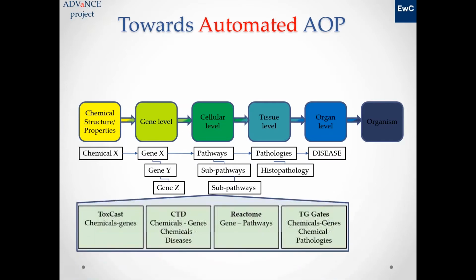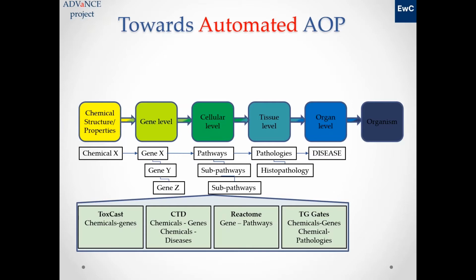The general idea behind this project was that we can use publicly available information from different data sources, namely ToxCast, the Comparative Toxicogenomics Database, Reactome, and TG-GATEs, in order to extract information and try to see what the relationships are between all these big sources of rich information.